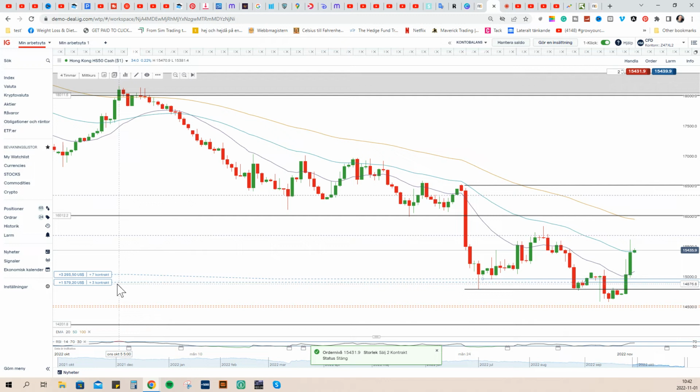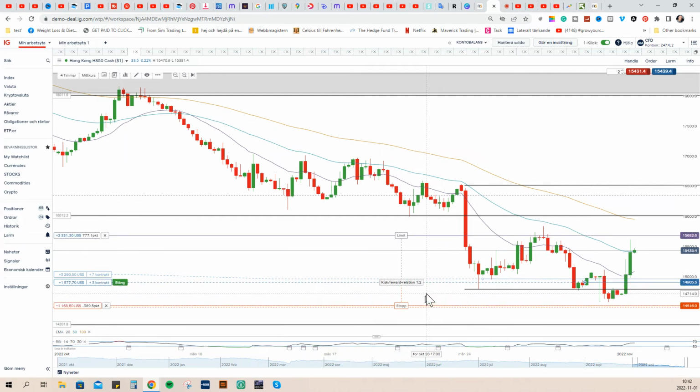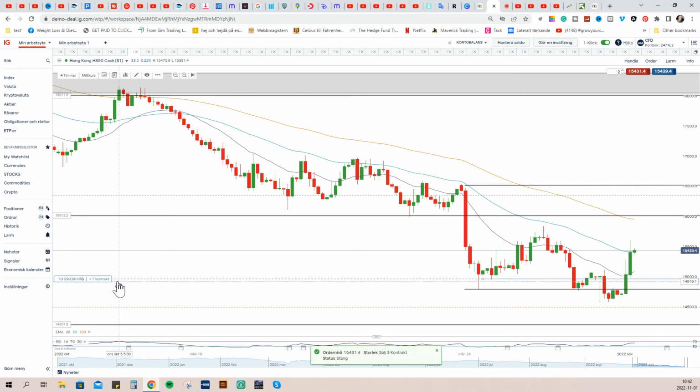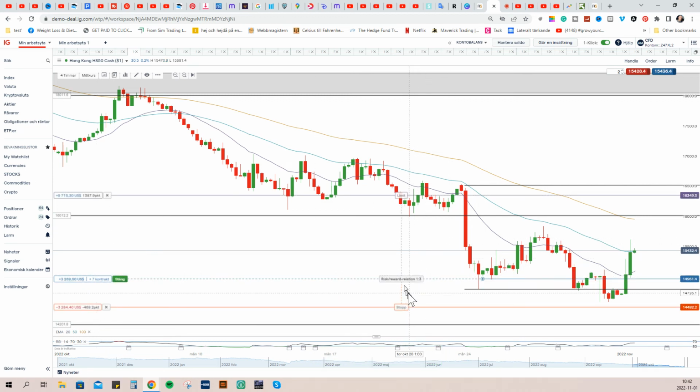Very good, actually. And here we can see I was striving for risk reward of 1 to 2. Also very close here. So I am also happy to receive this 1,006, this 1,600 US dollars in profit. And here we have $3,300 in profit so far.